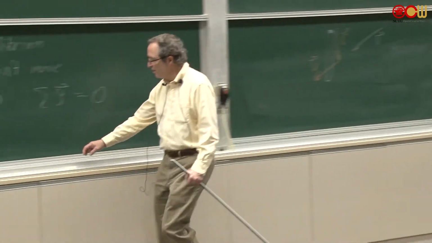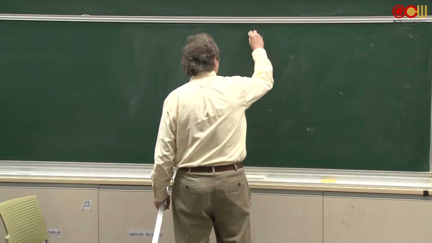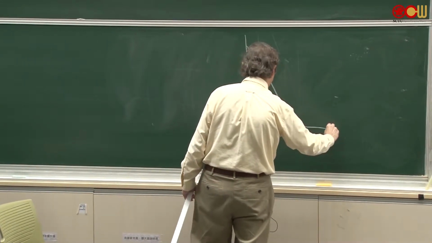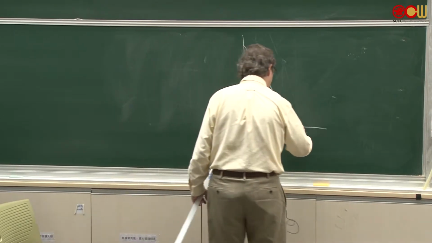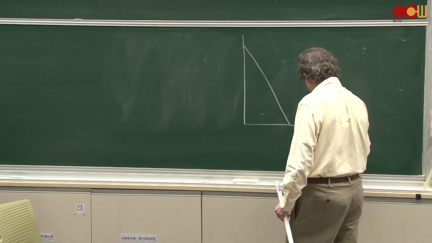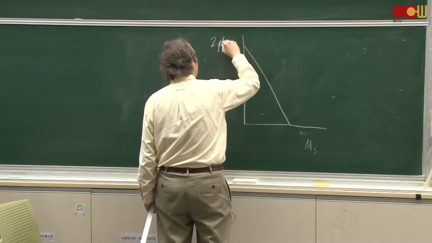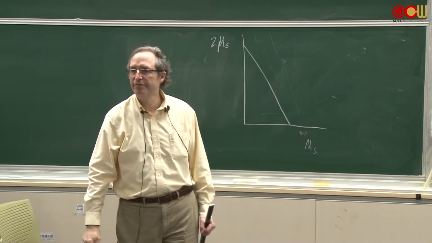So we're going to draw the situation. Here's the wall. Here's the meter stick. Okay? And we'll have a static friction coefficient here, mu sub s, and we'll let this one be, let's say, 2 mu sub s. Okay, so the friction up there is greater.